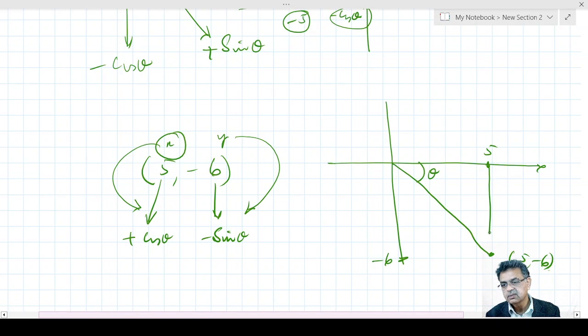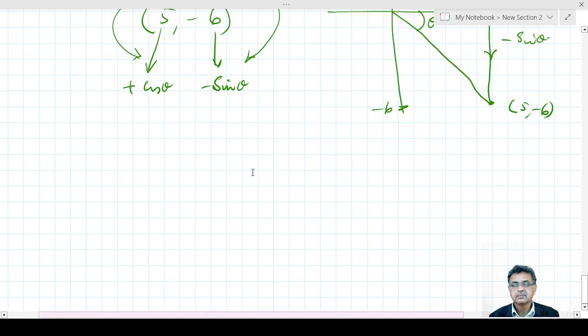You can see now that the vertical line is downwards. Downward means negative, so sin theta is negative here, and the horizontal line is towards the right, so cos theta is positive. So in this way you can understand.